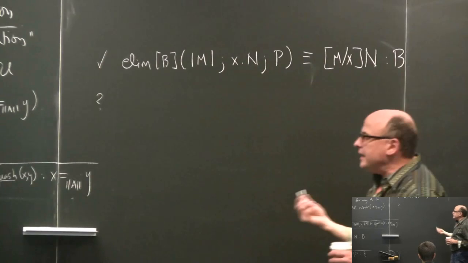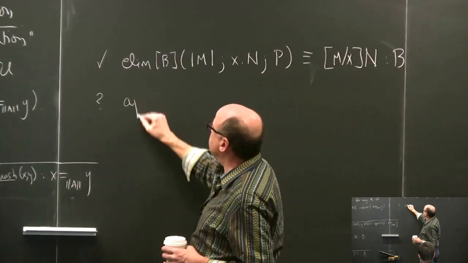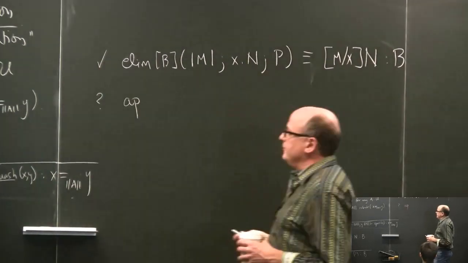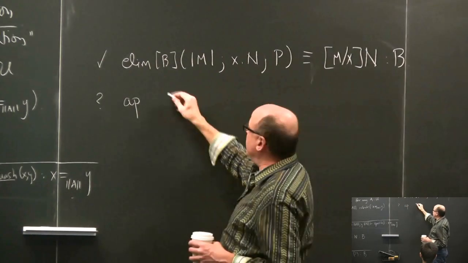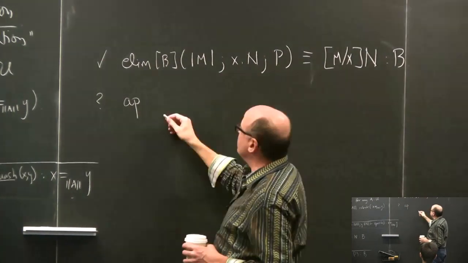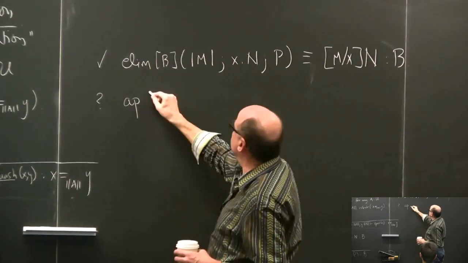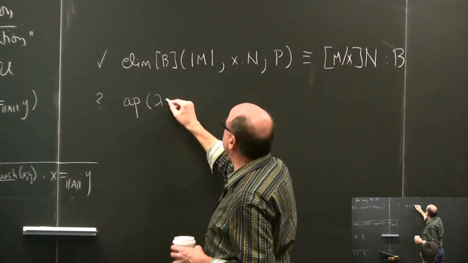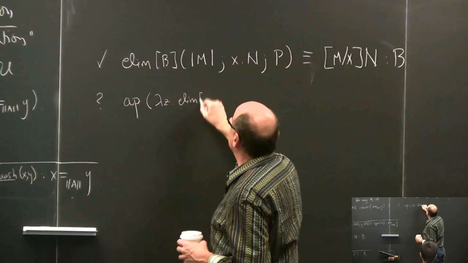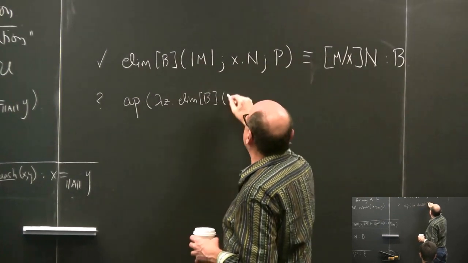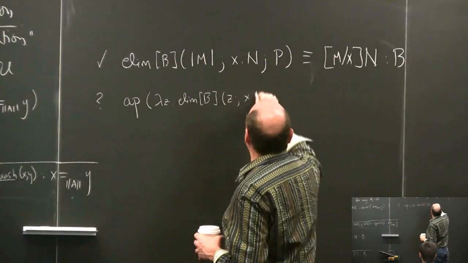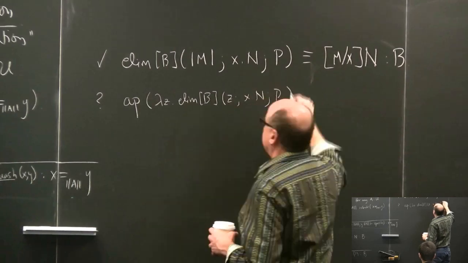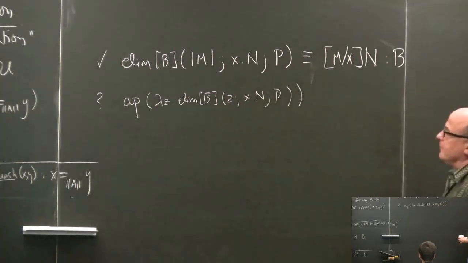Because you would like to say something about what do I do when I do apply to path, right? If I do an apply to path of something, particularly this elim form, so I would like to say I have two ways of writing this, lambda z or something, elim. I want to express the functoriality of this guy, and I want to do an apply to path, right?